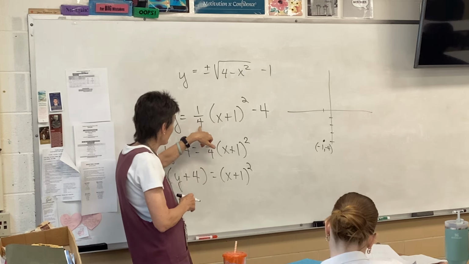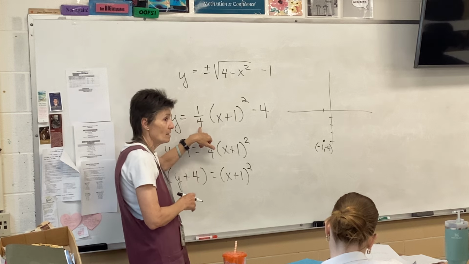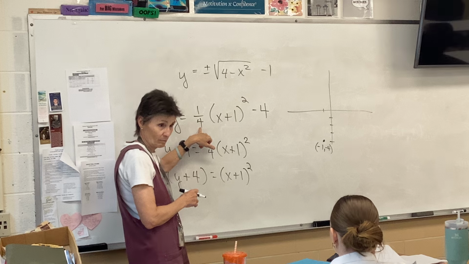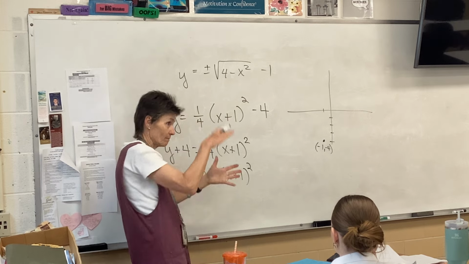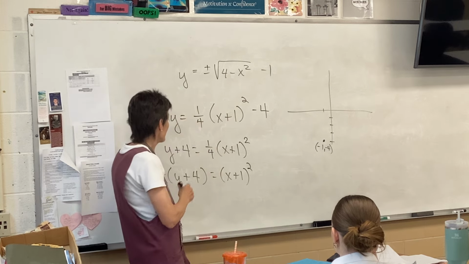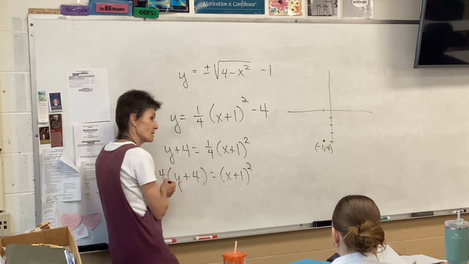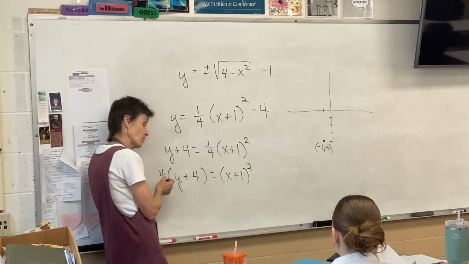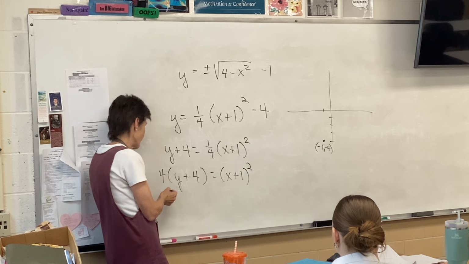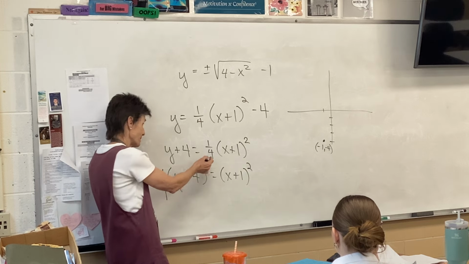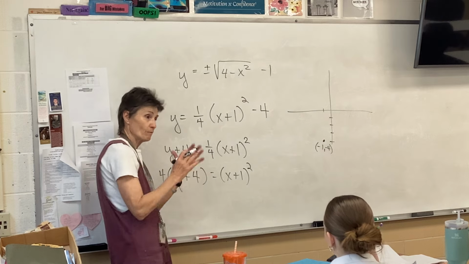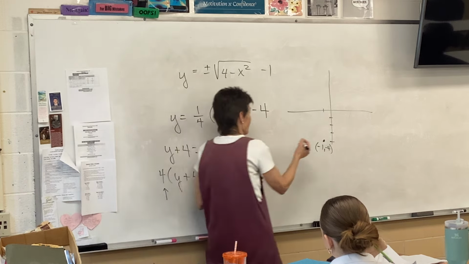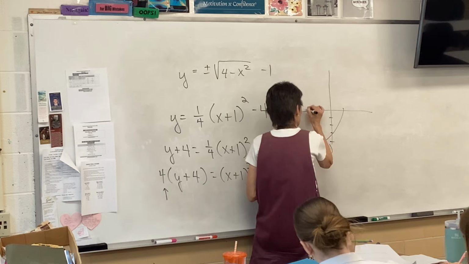So this one has been multiplied by 1/4, which actually means it's probably gonna be a little bit fatter than normal, kind of compressed a little bit. Well, that 1/4 now shows up as a 4 over here. And that number right there is really, really important. If that number is positive, then our curve opens the way it originally did, which would be up. So this parabola is going to open up.